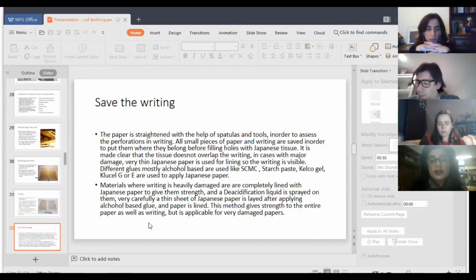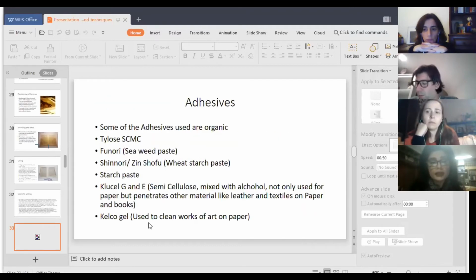Of course, saving the writing is our main priority. Therefore, we use certain glues to put the Japanese paper which do not overlap the writing. Some of the adhesives or glues that we use: Tylose is very widely used. Funori is a seaweed paste that is found in Japan.